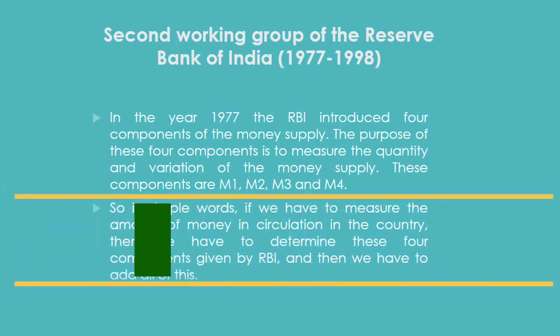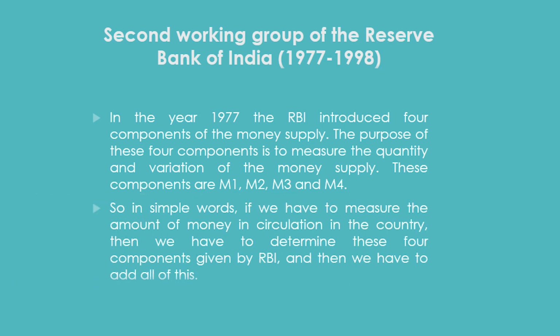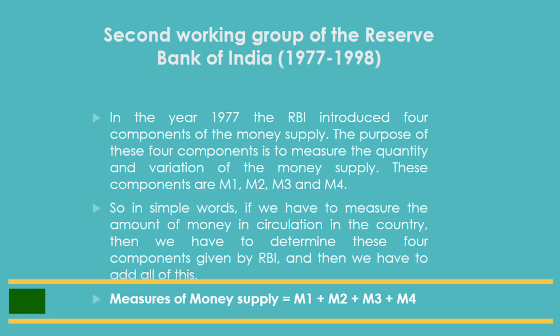So, in very simple words, if we have to measure the amount of money in circulation in the economy, then we have to determine these four components as given by the RBI, and then we need to add all of them together. So here we have, according to the second working group, the measures of money supply as M1 plus M2 plus M3 plus M4.